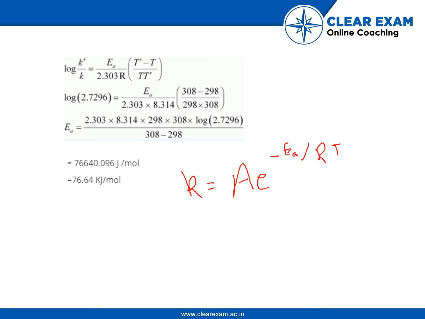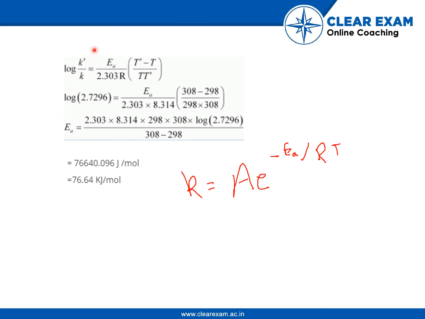So for both the cases, if we take the log, what will be the equation? Log K is equal to log A minus EA divided by 2.303 RT. So we will simply subtract both the equations and we get: log K dash by K is equal to EA by 2.303 R into (T dash minus T) divided by T T dash.